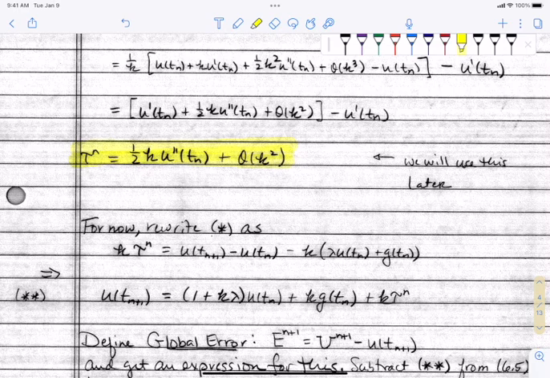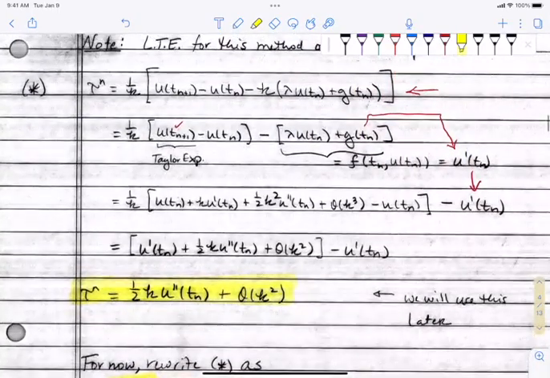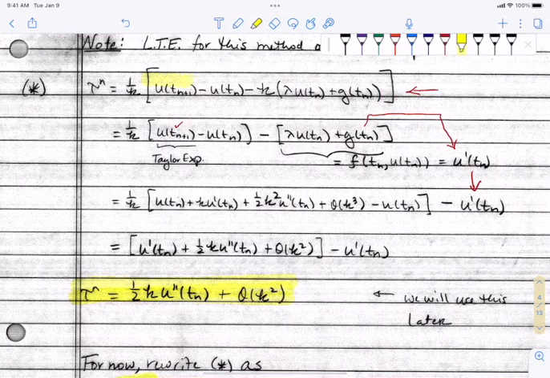For now, what we're going to do is not express it in that form. What we're going to look at is, let's rewrite it as k times my local truncation error. And to begin with, let's start by pulling right off of that top piece that you see here. So k times local truncation error.